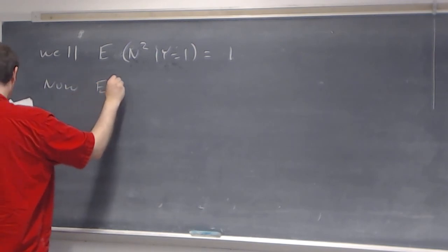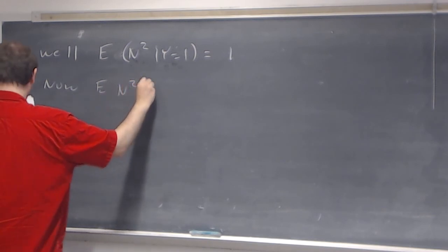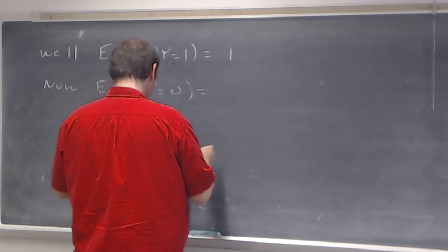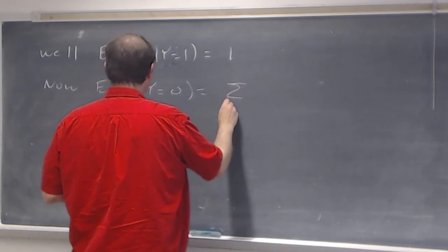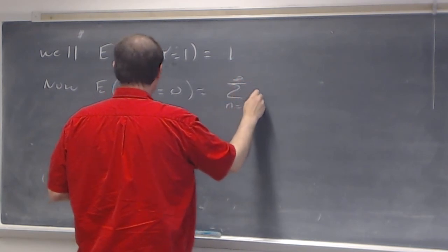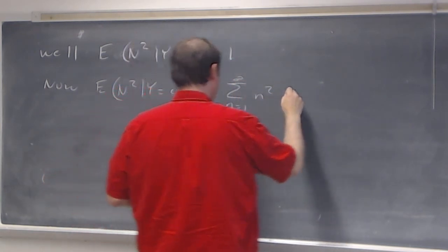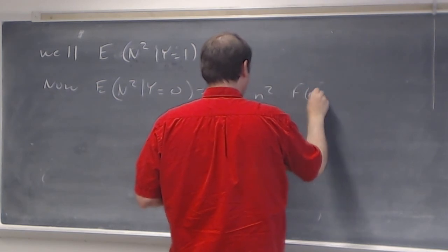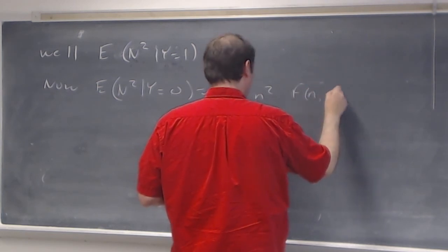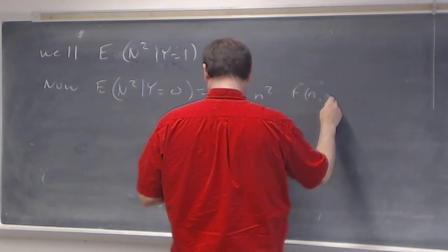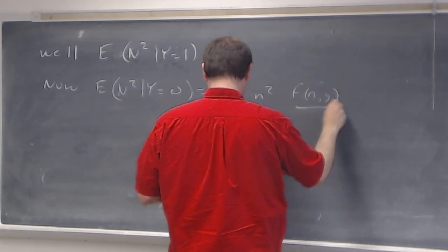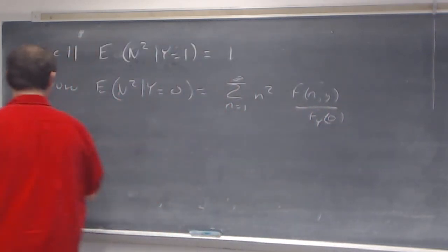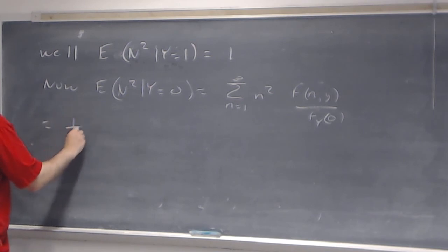The expected value of N squared given Y equals 0, that part is going to be just like what we did before. It's the sum as n runs from 1 to infinity of n squared times f of n, y over f sub Y of 0. f sub Y of 0 is 1 over 1 minus p.